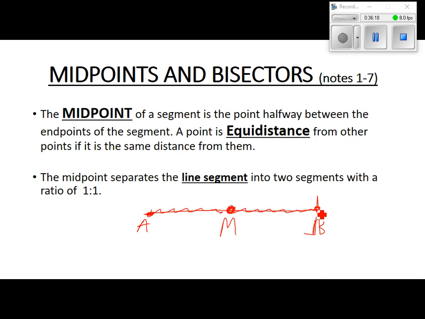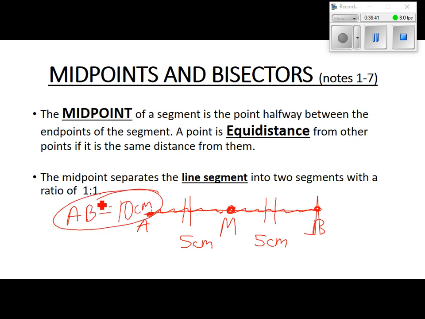They're the same, they're congruent. Those tick marks, remember, tell us that those two are congruent to each other. So if I told you segment AM was 5 centimeters, what else would you know? MB is 5 centimeters. How long is segment AB? 10 centimeters, using the segment addition postulate that we learned earlier this year, right?